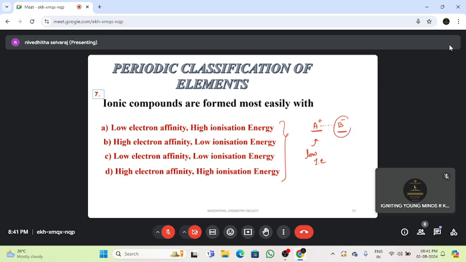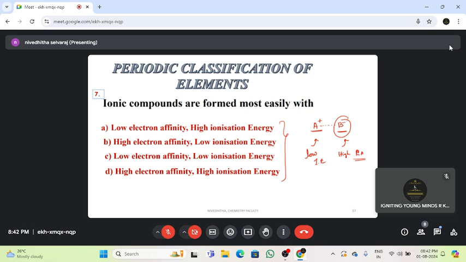And similarly, B minus means this element should have the capacity of gaining electron. So electron affinity should be higher or lower? Higher. Higher electron affinity. So what is the answer? High electron affinity and low ionization energy.